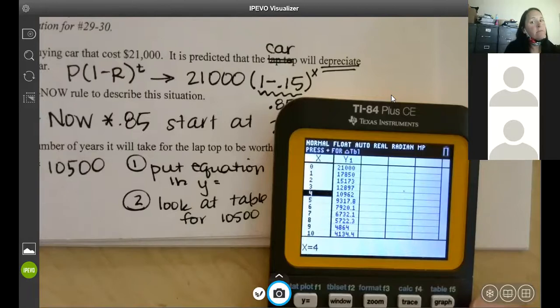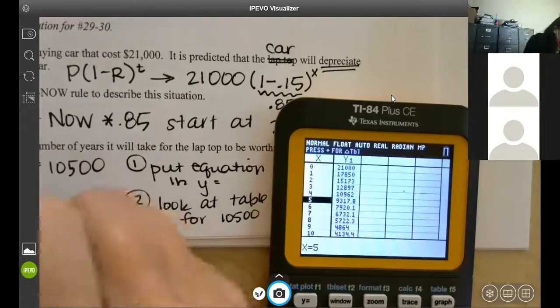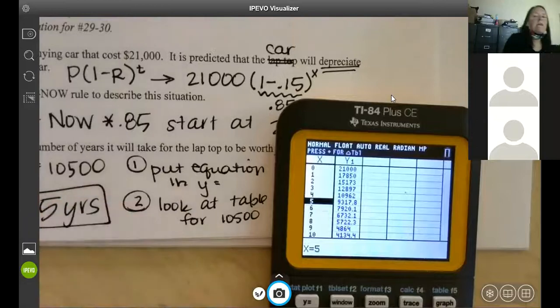Look at it. 3 years had 12,897. I'm looking for 10,500. Where would 10,500 fall? At 4? At 3? Approximately 5 years, right? It would take 5 years before it was in half. If it says more specific, it might say between 4 and 5 because 10,500 falls between 4 and 5.